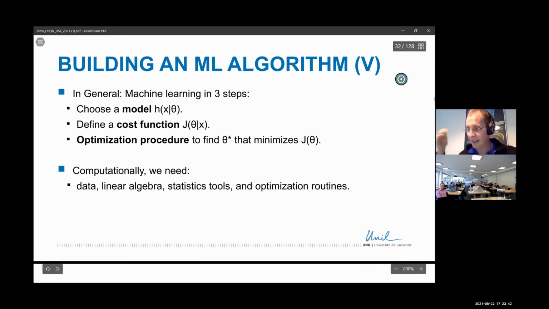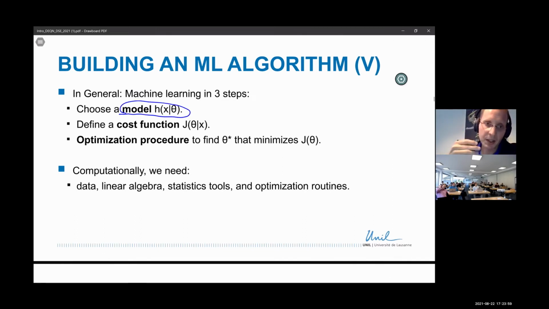So again, building a machine learning algorithm, even, arrogantly speaking, consists of three steps. You choose a model hypothesis, a model that may be a linear model, maybe a polynomial model, or in our case, it may be a neural net. The next thing that I haven't touched so far is we need to define a cost function.